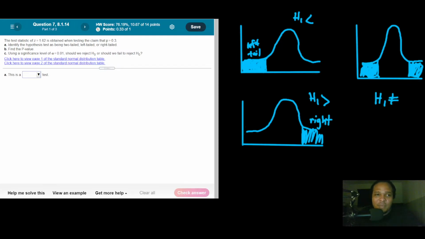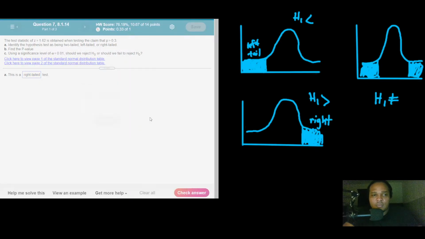Okay, so how does that apply to what we have right now? Well, we have a greater than symbol, right? That's going to correlate to a right tail test because greater values are always to your right. All right, so this is a right tail test. Well done.